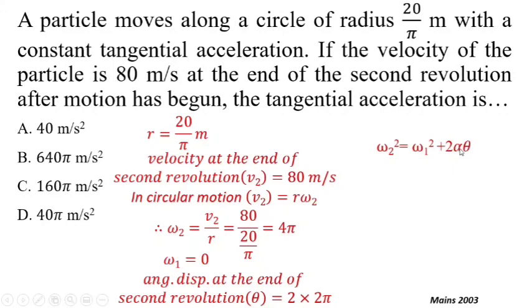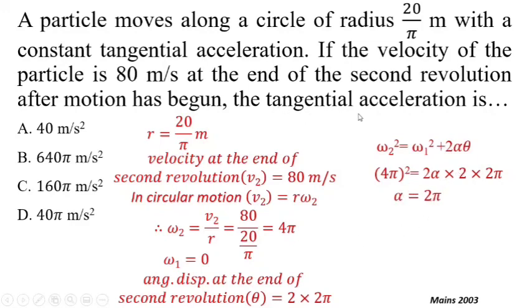So we will put all these values in this equation. Here omega 2 is 4 pi. So (4 pi) square, omega 1 is 0, so this term becomes 0, is equal to 2 alpha into 2 pi. So if you calculate this you will get alpha equal to 2 pi. So this is the angular acceleration that we have calculated.